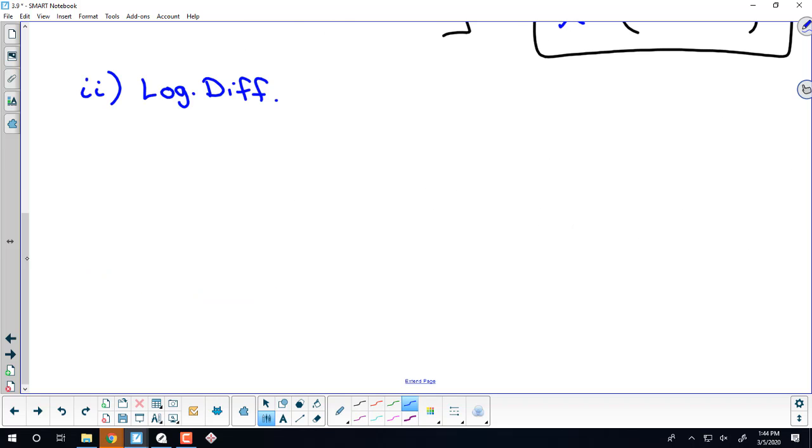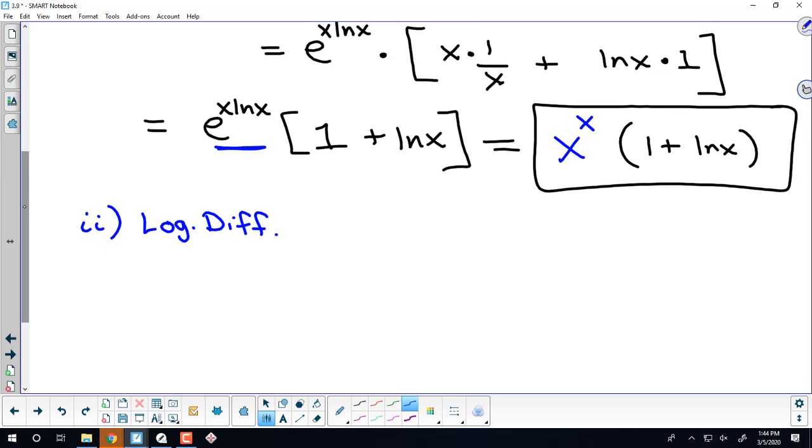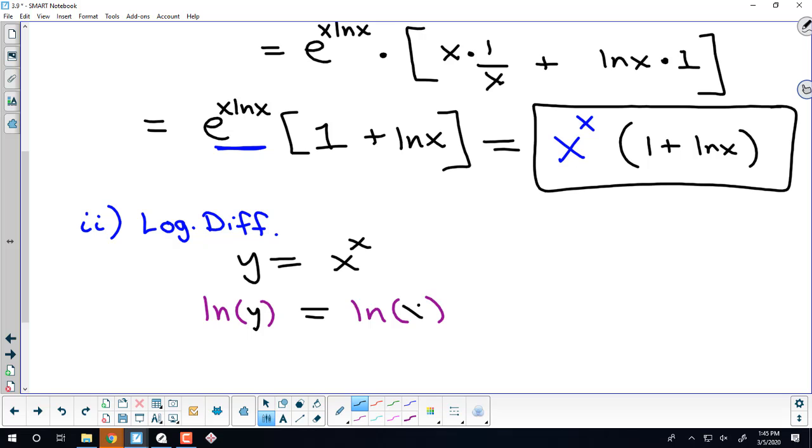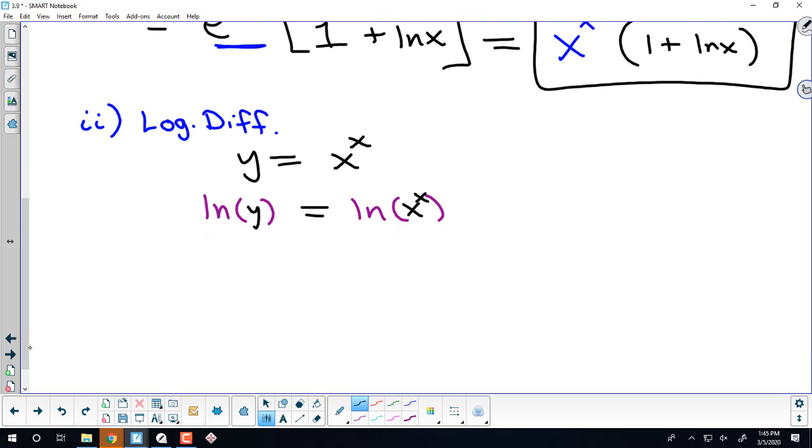And we're sticking with the function as it was originally expressed, y equals x to the x. So we're going to take the log of both sides, and simplify using properties of logarithms. So what can we simplify?